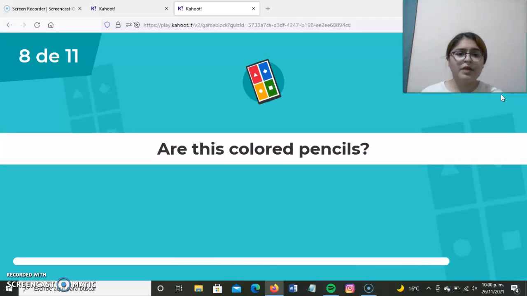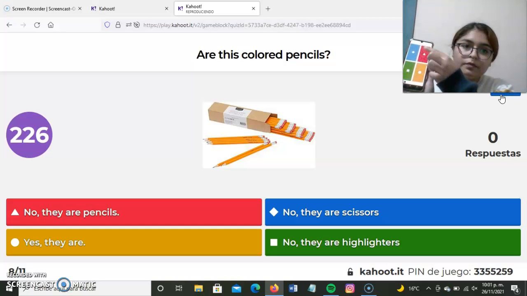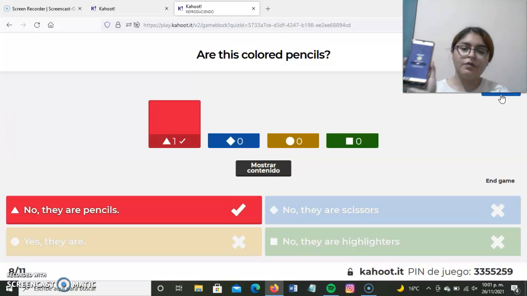Are these colored pencils? No, they are pencils. Remember that colored pencils, recuerden que colored pencils es lápices de color.